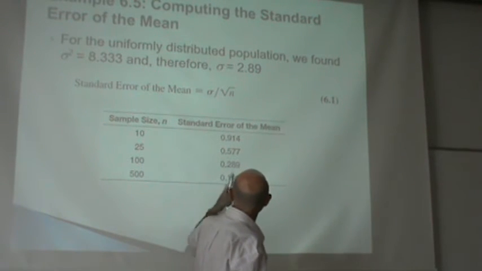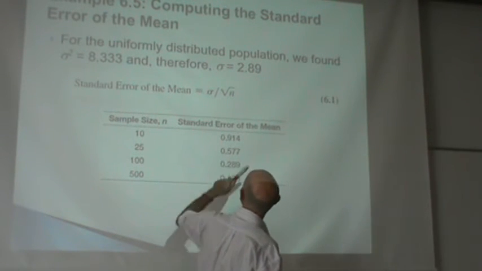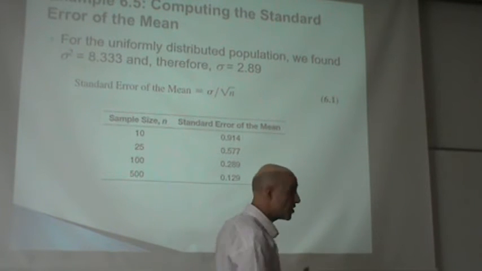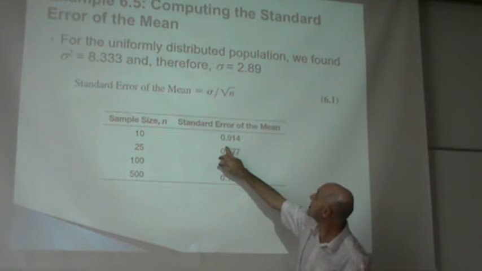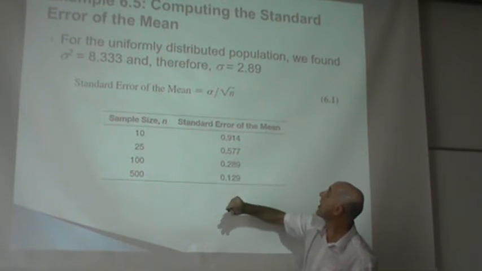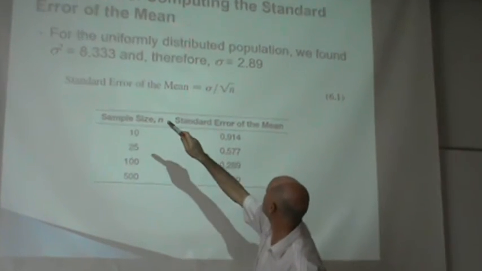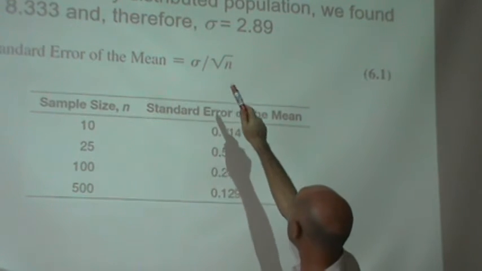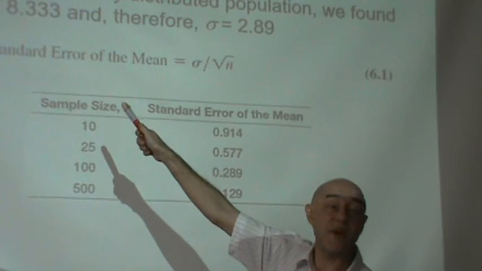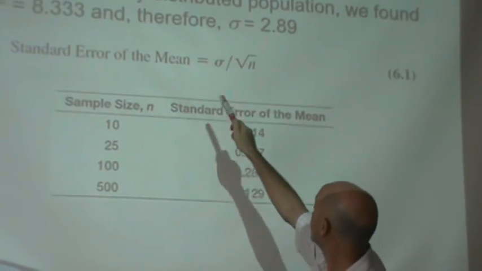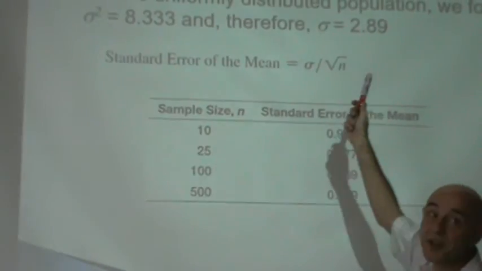All right, here's the standard error of the mean for that particular calculation. You can see that with a sample size of 10, the standard error of the mean is 0.91. For the uniformly distributed variable, we found that sigma squared, meaning the variance, is 0.3, and sigma is 2.9.